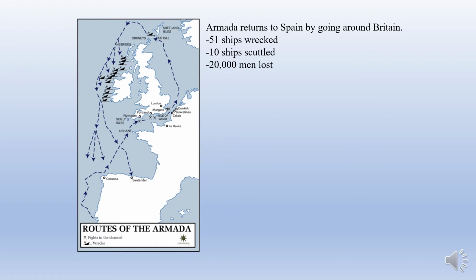And of that 30,000 man invasion force, 20,000 men are lost. As I said, this is a disaster for the Kingdom of Spain. The Spanish Empire may still exist in the New World, but they are no longer the dominant maritime power. It is now most definitely the English/British period.